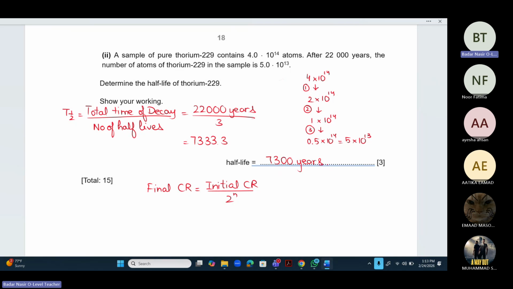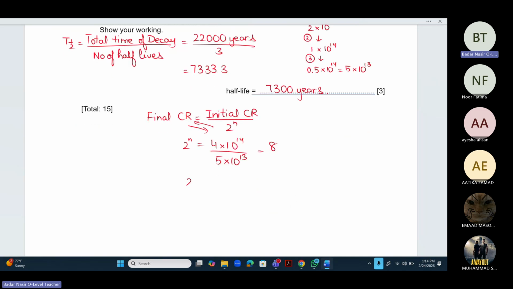Okay. So the initial count rate is 4 into 10 to the power 14. Swapping the two, the final count rate is 5 into 10 to the power 13, and here 2 to the power n. So 4 over 5 we get 0.8, and 0.8 into 10 to the power 1 comes there, so we get almost 8.